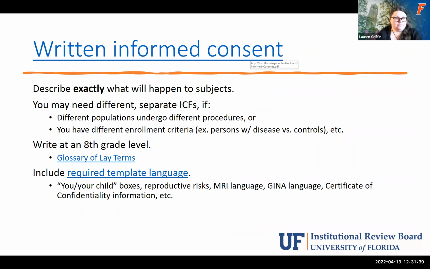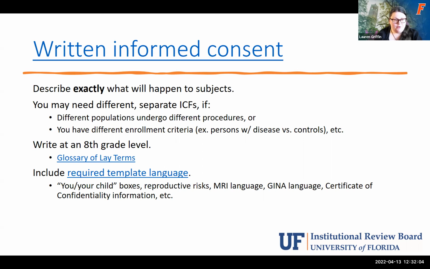Written informed consent. It needs to describe, again, exactly what's going to happen to the subjects. Sometimes it is easier to have different separate informed consent documents if you have different populations undergoing different procedures or different enrollment criteria. It can be difficult to write an informed consent document for, for example, people who have a medical condition versus controls.